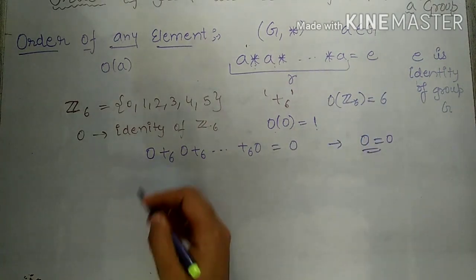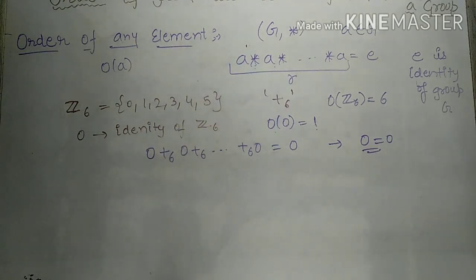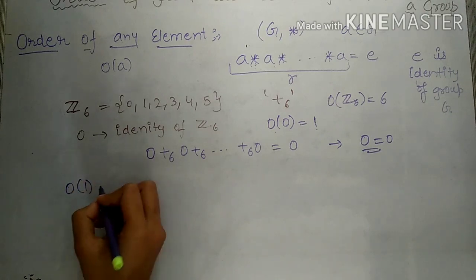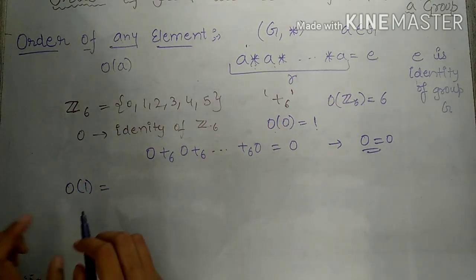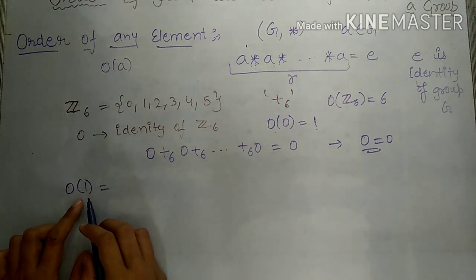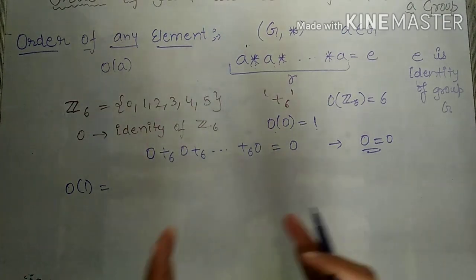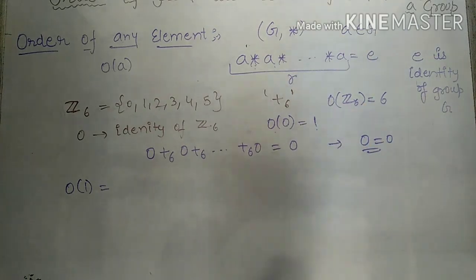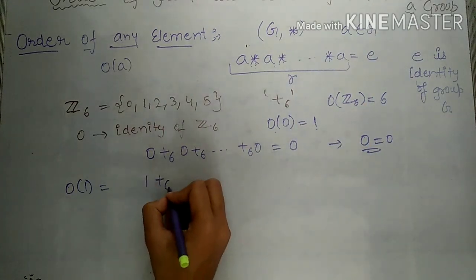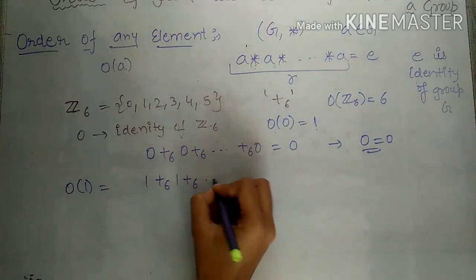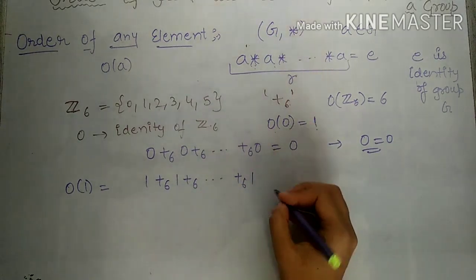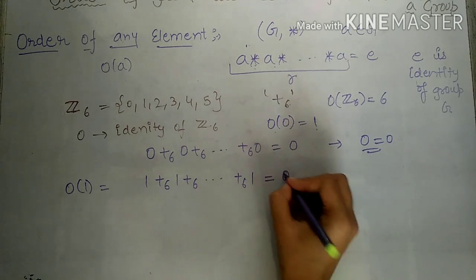So let's start from 1. What will be the order of 1? Let's find it out. Order of 1 will be the least number of times 1 has to be operated with itself so that it comes out to be 0. That is, the least number of times 1 is to be operated under addition modulo 6 so that it will be equal to 0.